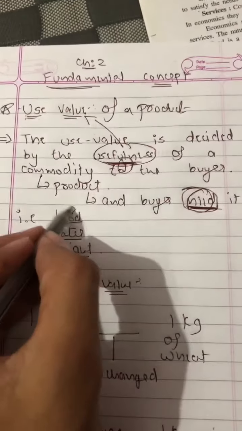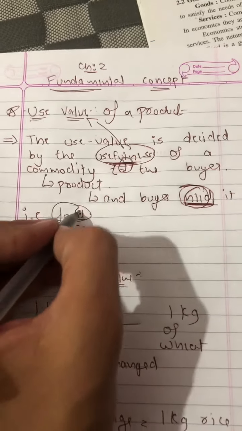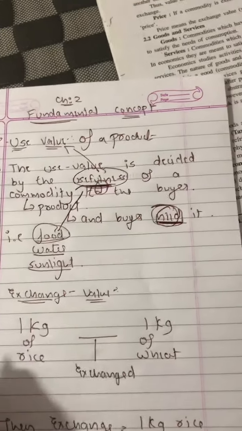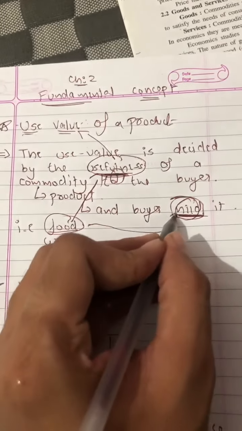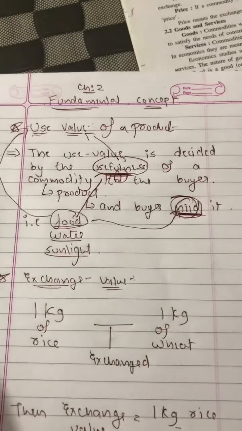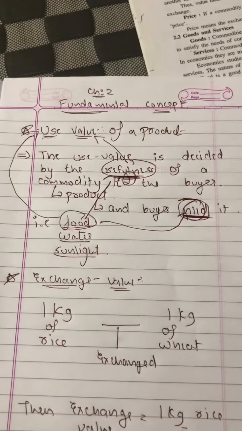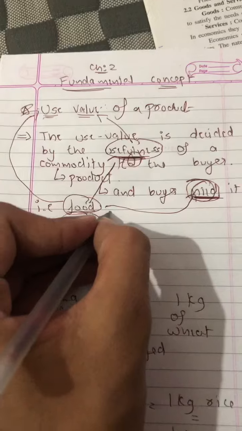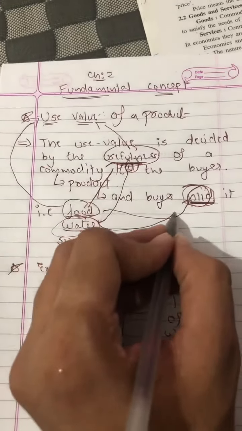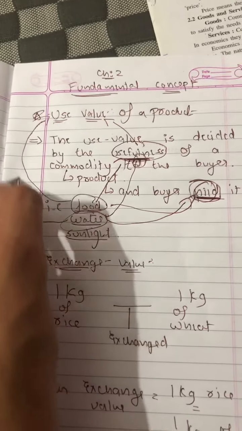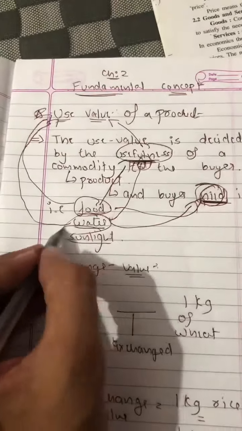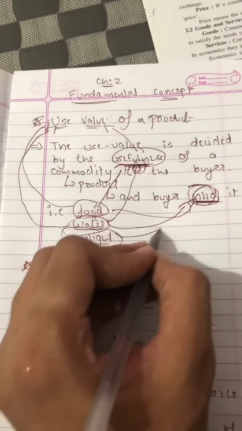For example, food. Now food is very much useful, right or wrong? And everyone needs food, and hence it is called use value of a product. Water. Is water useful? Yes, water is useful. And do you need water? Yes, and hence this kind of product is called a use value product. The third one, sunlight. Is sunlight needed?